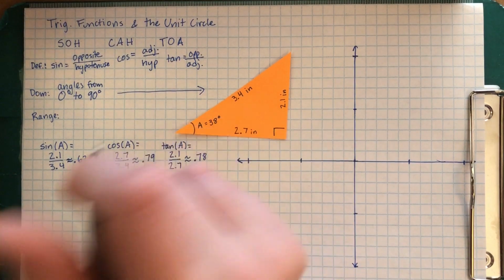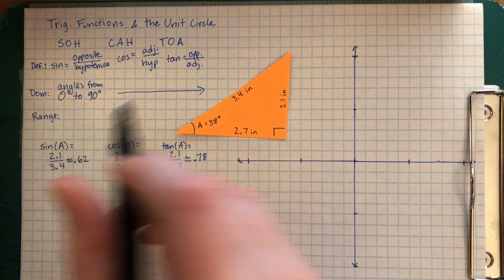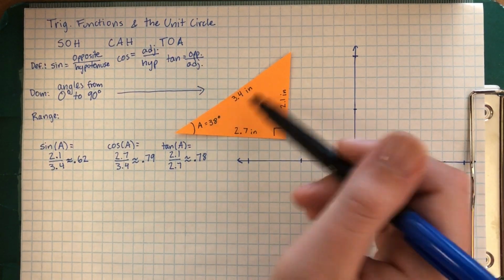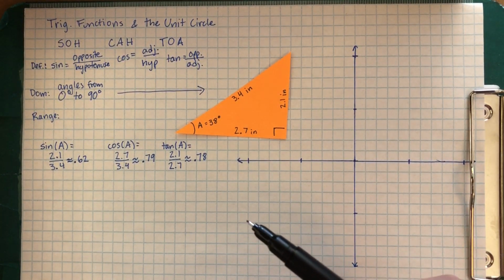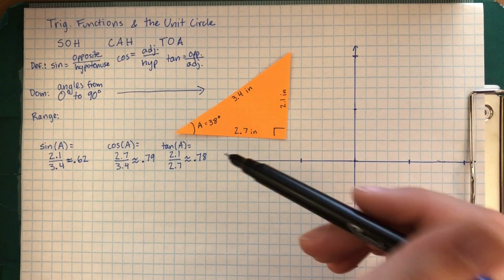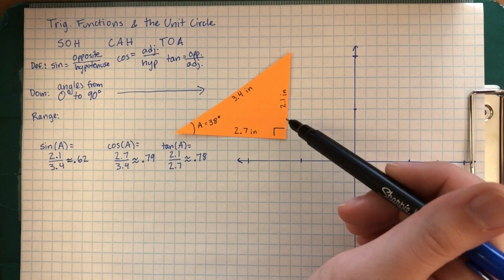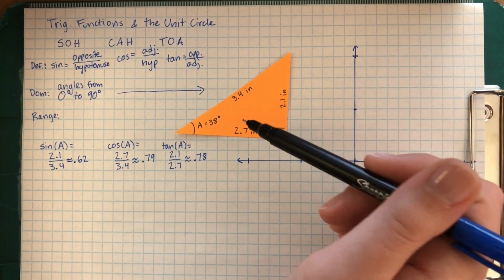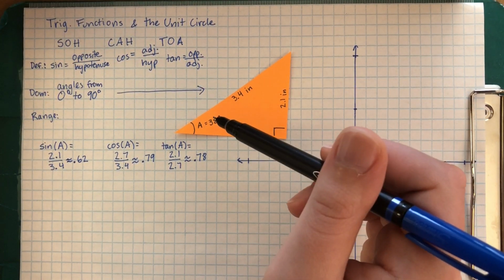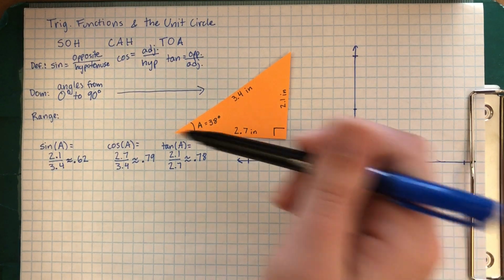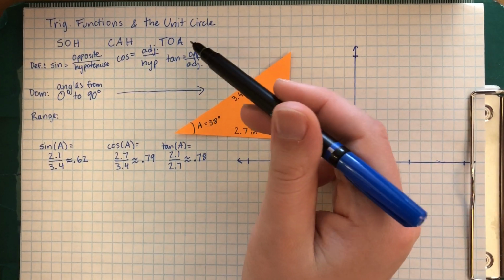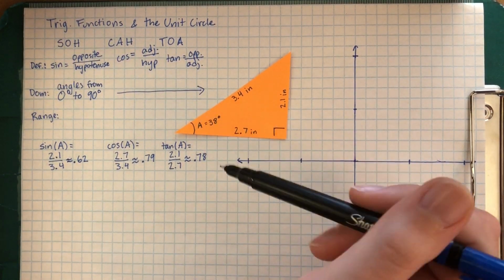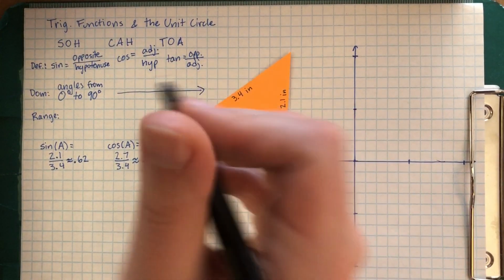Okay, so for sine, it's the opposite over the hypotenuse. And we know that the hypotenuse is always the biggest side. If it was a really skinny right triangle, we could get an opposite side that was really, really small, and our answer would be close to 0. If it was tall and skinny the other way, then the opposite side and the hypotenuse could be almost the same length, and our ratio could be close to 1.